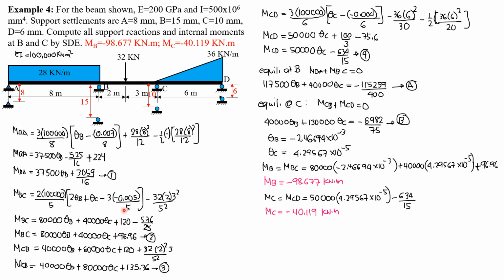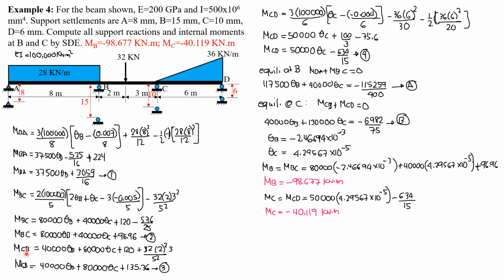So minus 3 times negative 0.005 over 5. Then the fixed moment at B is negative 32 a b squared over L squared, with 2 and 3 squared over 5 squared. Simplifying, 80,000 theta B plus 40,000 theta C plus 120 minus 576 over 25. So MBC is 80,000 theta B plus 40,000 theta C plus 96.96.